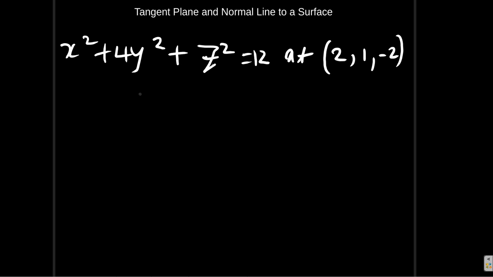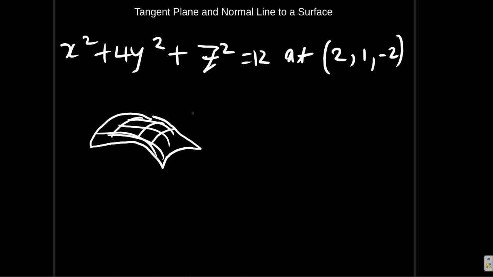Now, here, you have a surface. It could be some type of surface looking like this. And then we have a tangent plane, a plane that touches the surface at some point.